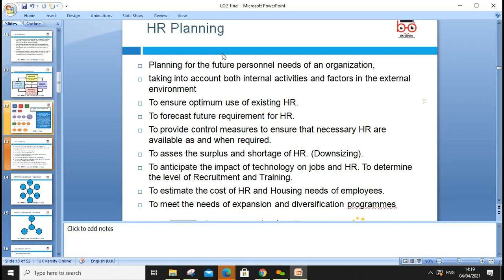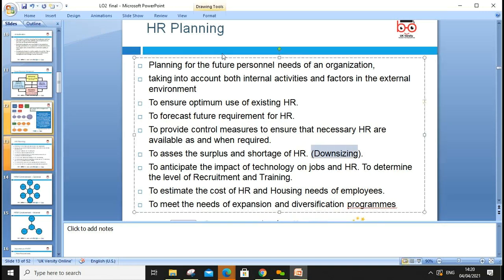So HR planning is for the future personnel needs of an organization, taking into account both internal activities and the external environment factors to ensure the optimum use of existing HR and forecast the future requirement. We need to provide the control and measure HR as available. You need a forecast. You do the downsizing, making people redundant.